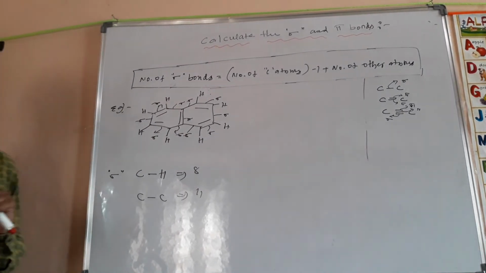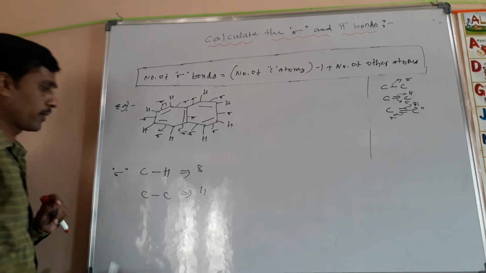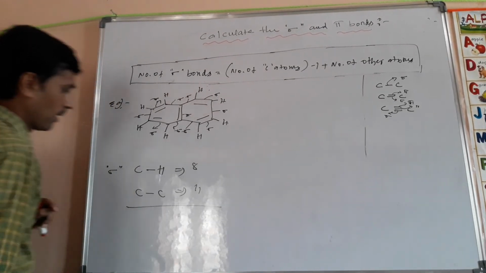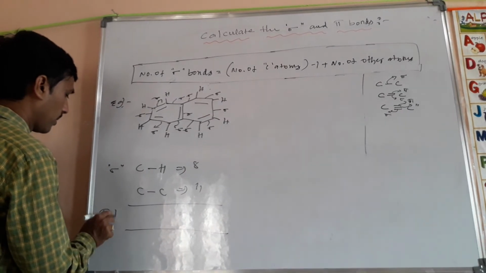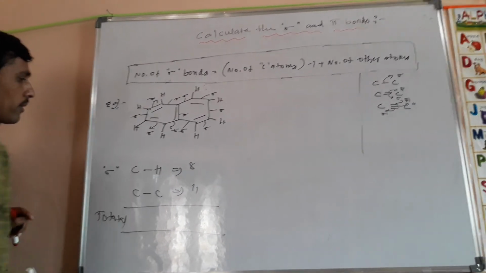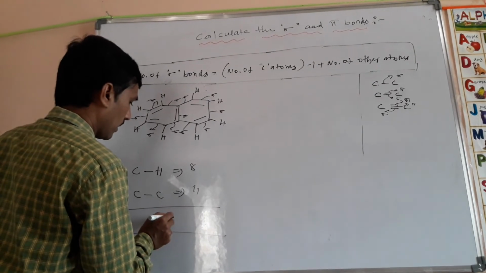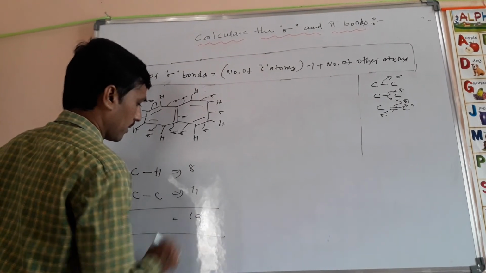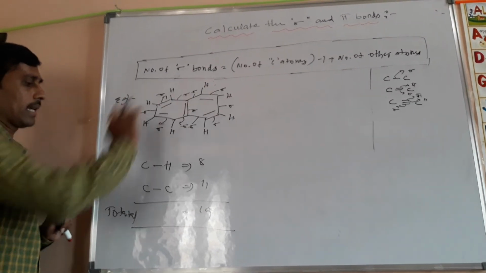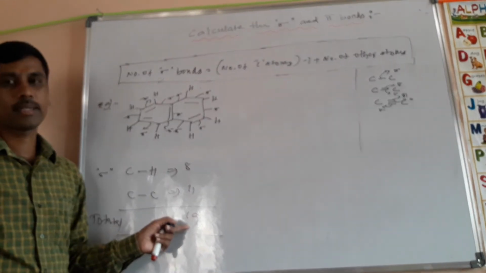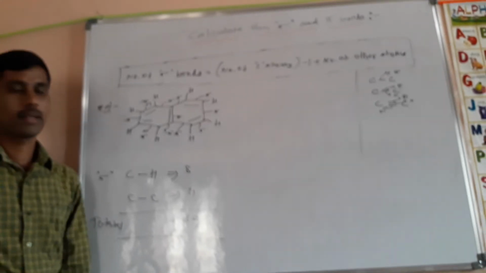Total 11 sigma bonds are there. Now count the total sigma bonds in that molecule: 11 plus 8 equals 19. This molecule has 19 sigma bonds in total.